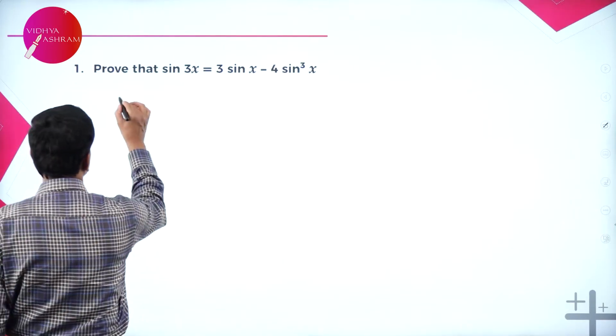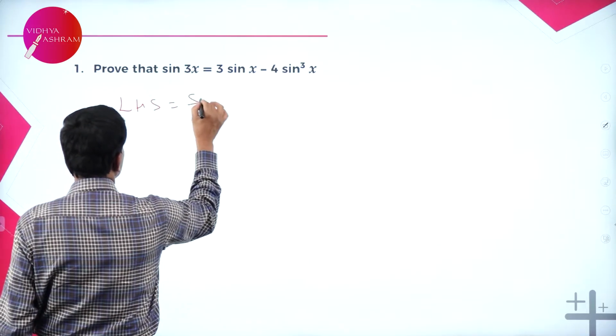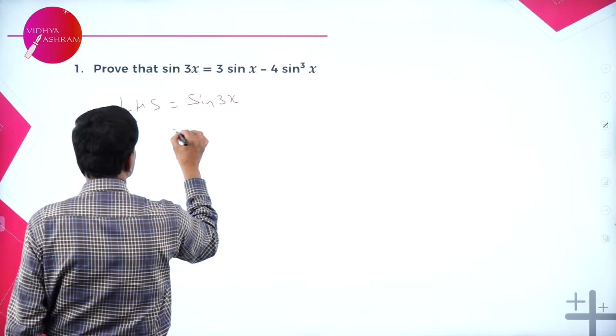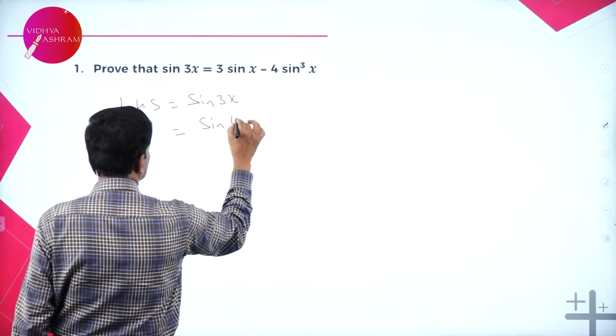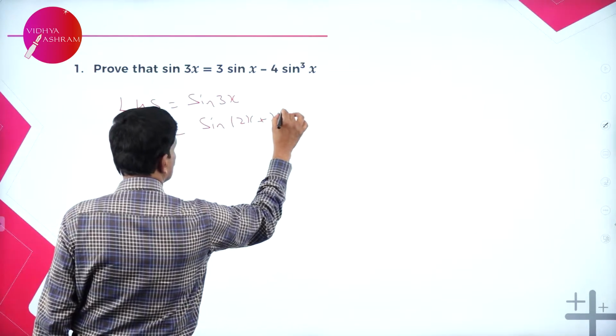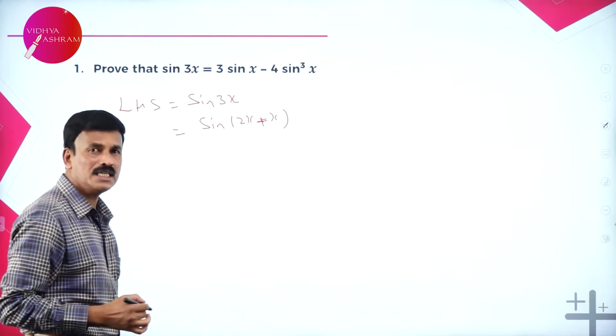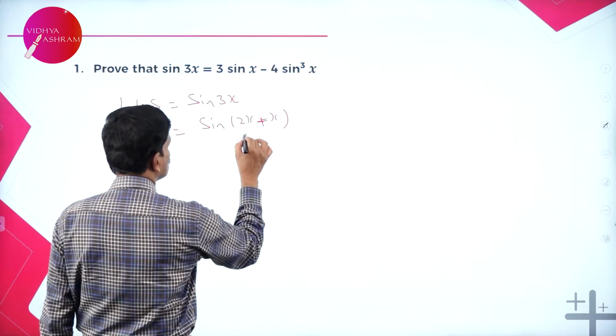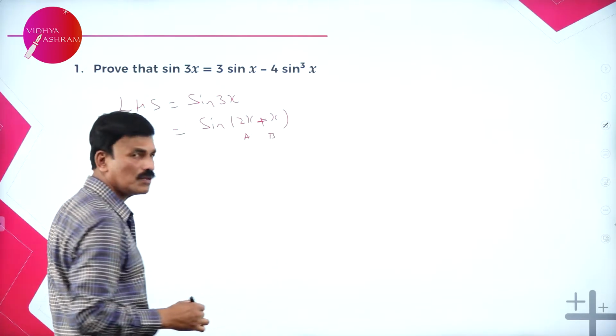Now, let us take LHS. What is LHS? Sin of 3x. Sin 3x can be written as sin (2x plus x). Now, this is of the form sin (a plus b). What is a? 2x. What is b? x.